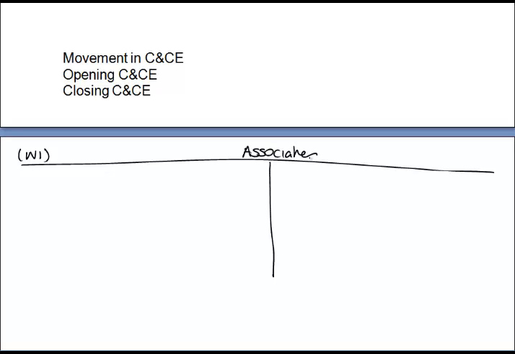And let's remember our double entry principles. Associate income, well, income is a credit in the income statement, so it must be a debit in the T account. Income statement, profit share is 6.